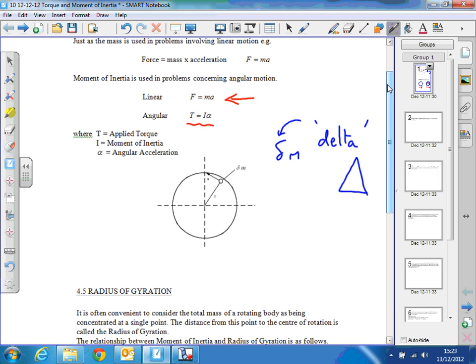The relationship between the torque, the moment of inertia, and alpha, the angular acceleration, is exactly the same as the force, the mass, and linear acceleration in straight linear motion problems. Okay. Let's have a look at one or two examples, and then I think that'll become clearer.